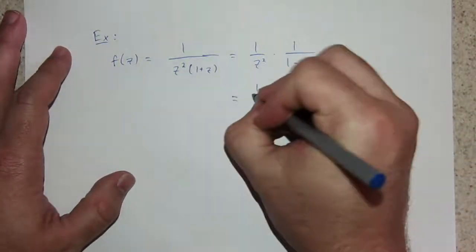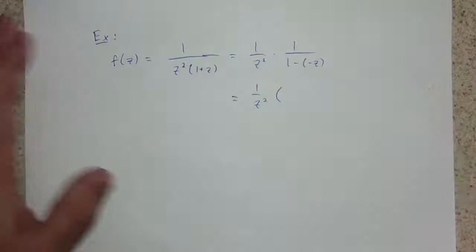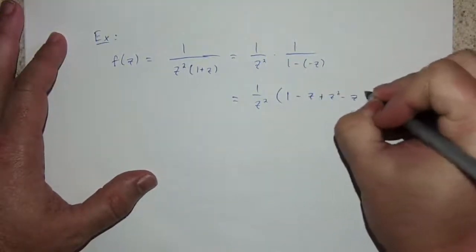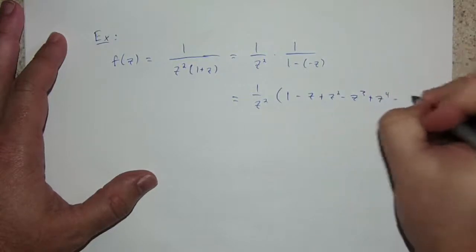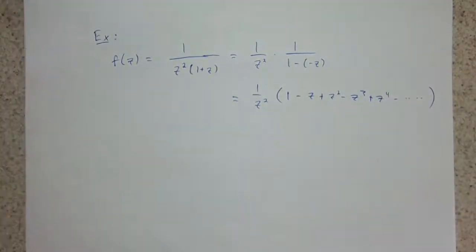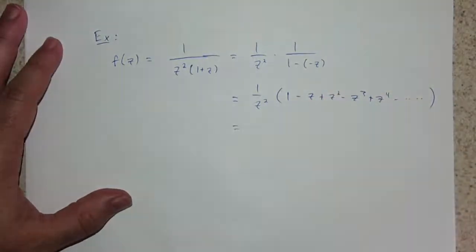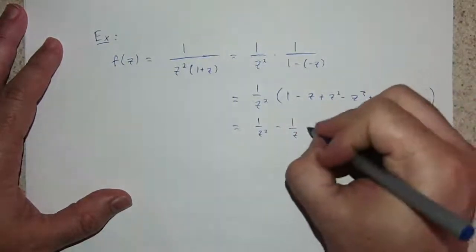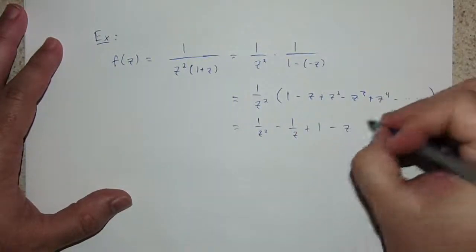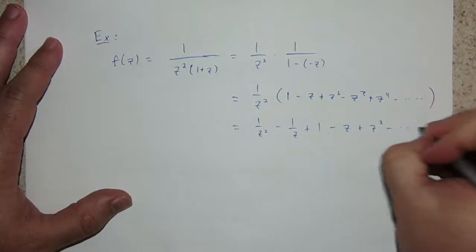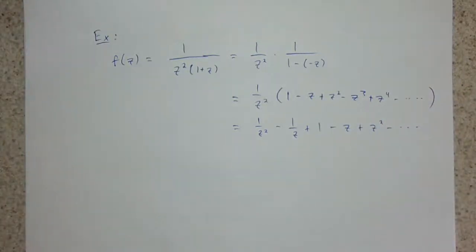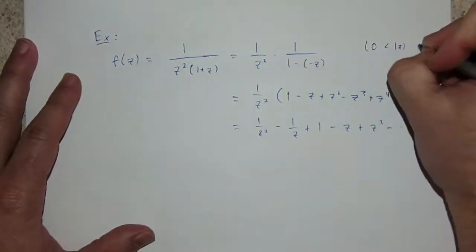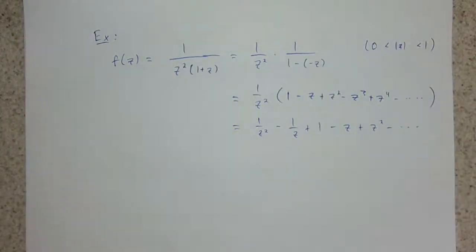This is 1 over z squared times, using the geometric sum formula, 1 minus z plus z squared minus z cubed, and so on. So this is 1 over z squared minus 1 over z plus 1 minus z plus z squared, and so on. And of course, this is for z in the punctured unit disk.